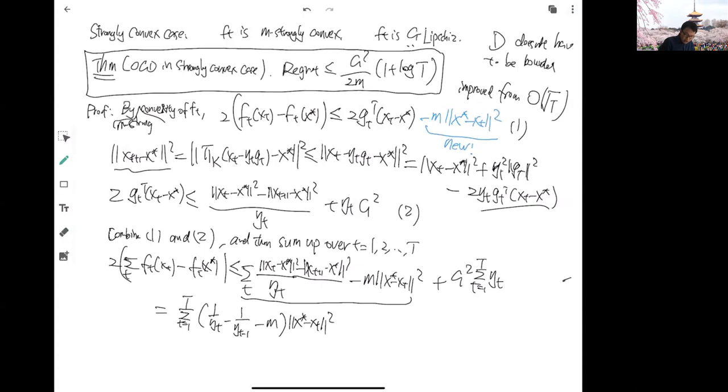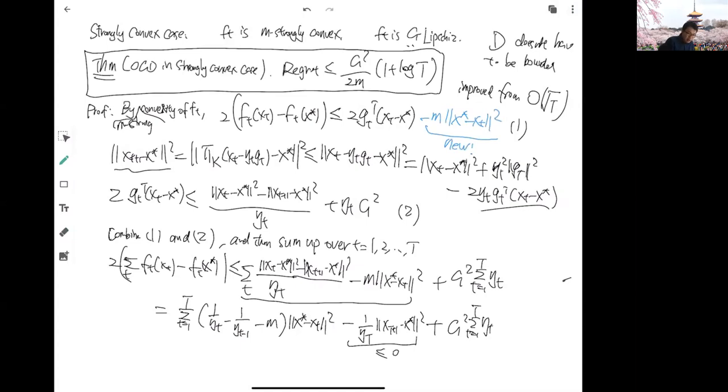And in addition, there's a negative term that we ignore, which is 1 over eta t times xt plus 1 minus x star. So this is the term that we don't care about. This part is smaller than 0. So now we are left with this.